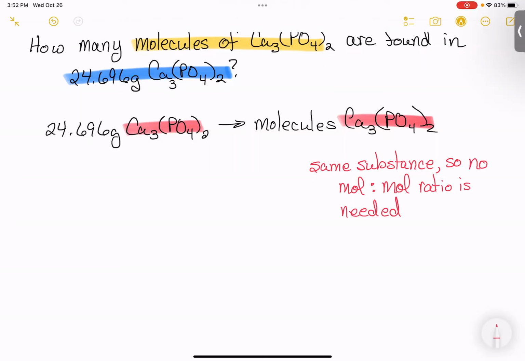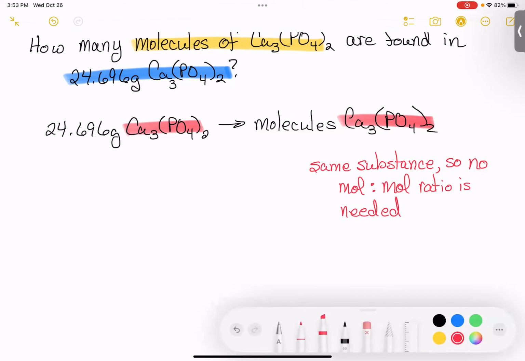If you go back up, when I talked about the different types of conversion factors, I said one of them would be a mole to mole ratio, and you would use it if the substances were different. So since they are the same, it means no mole to mole is necessary.